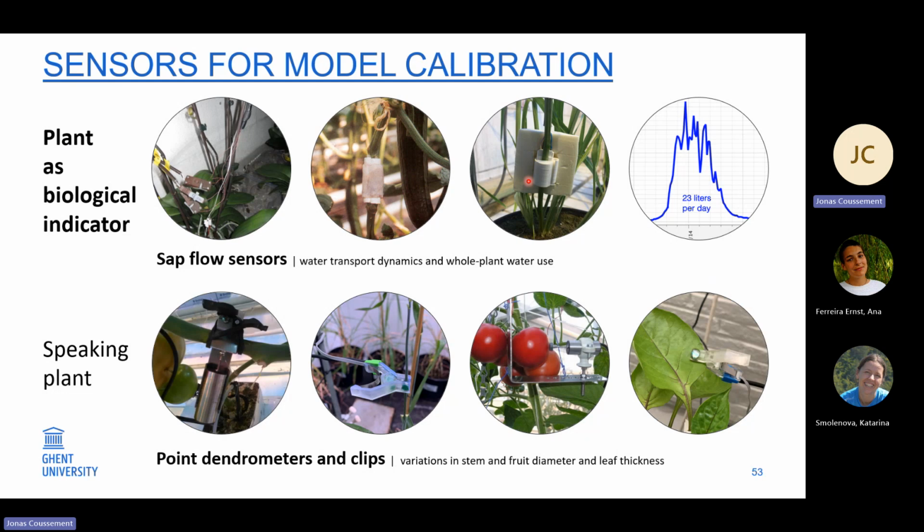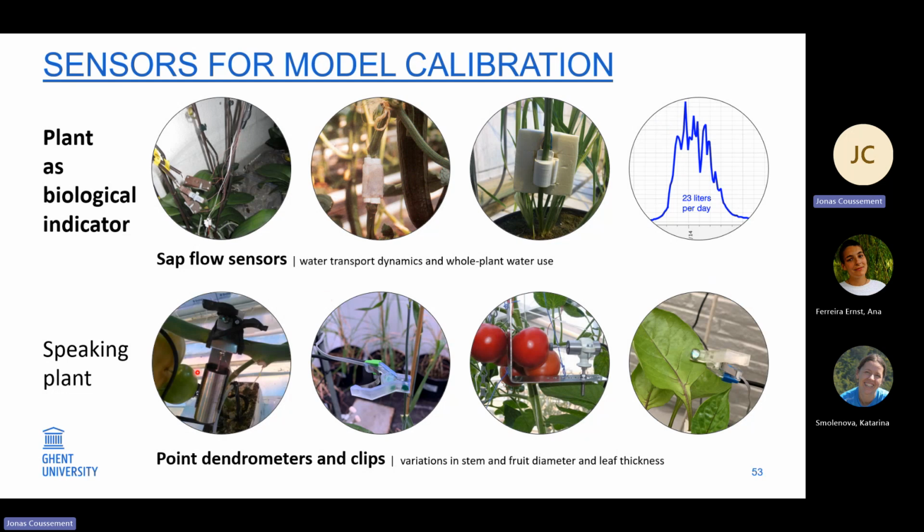But if there is sap flow, there will be more heat transported upwards, and you will have a higher temperature on the thermistor that is higher up than on the lower one. Then you can calibrate this by knowing the flow that you send through it, and you can have these continuous graphs of how much water the plant takes up. And if you manage to connect a sensor like this on the bottommost segment of your plant stem, you know the water use of your entire plant during a day.